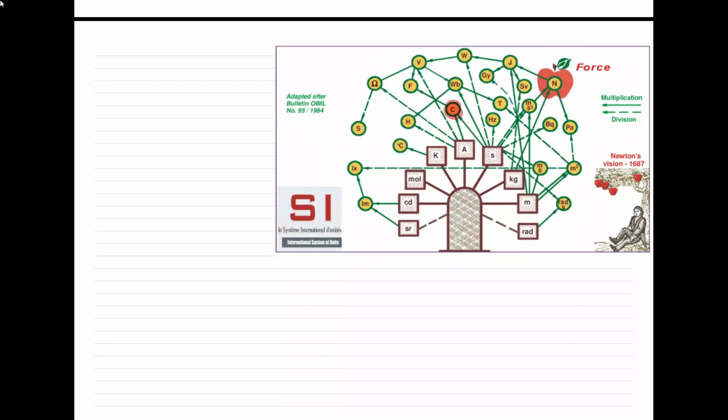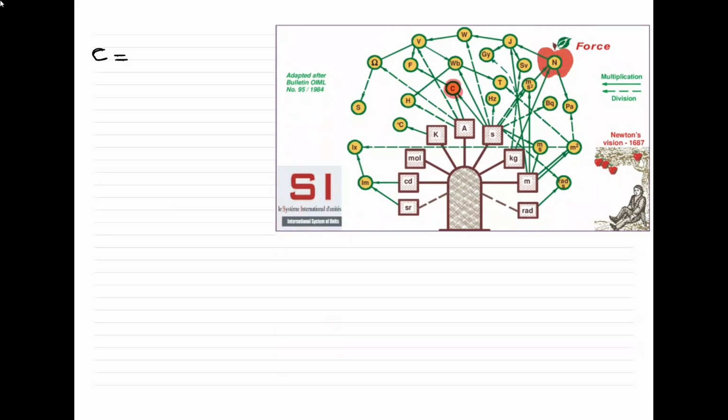Now, first, write coulomb is equal, which is a unit of charge. Okay, and let's see how many arrows are coming to the coulomb. So we have two arrows, so we will multiply two fractions.